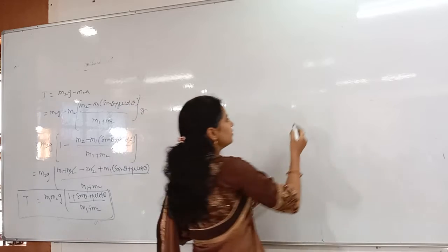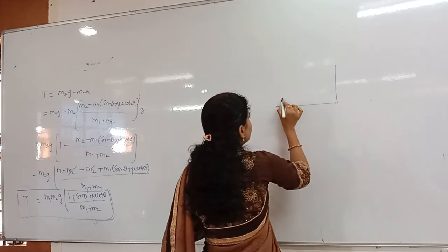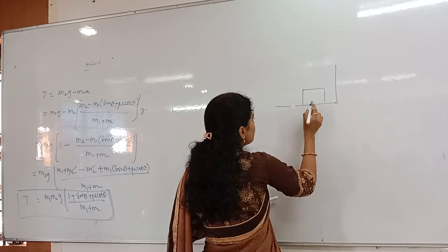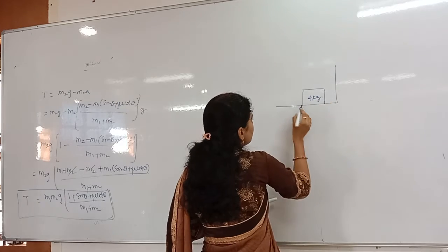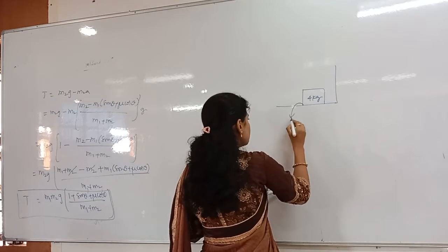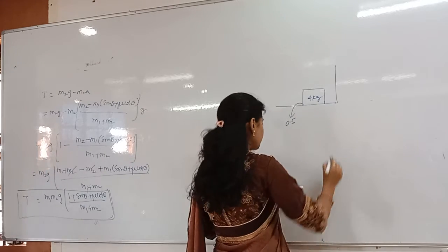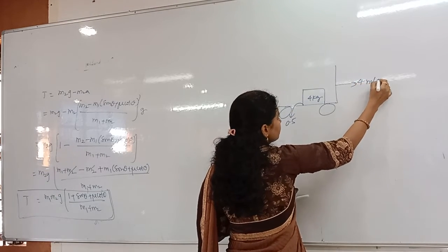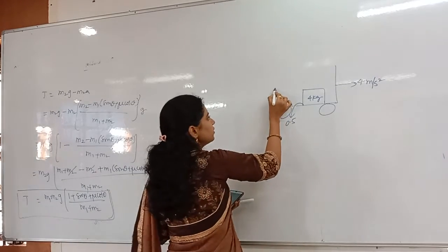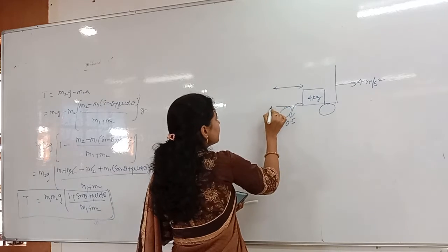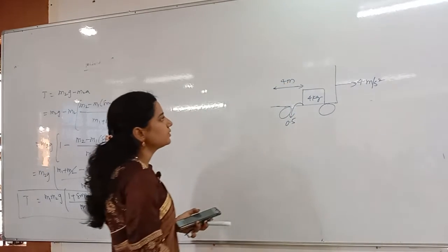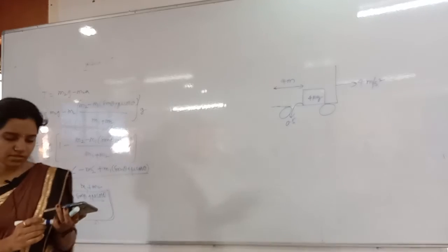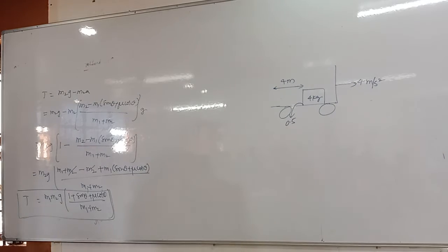And the coefficient of friction between truck and block is 0.5, and the block is placed at 4 meters from the open end of the truck.